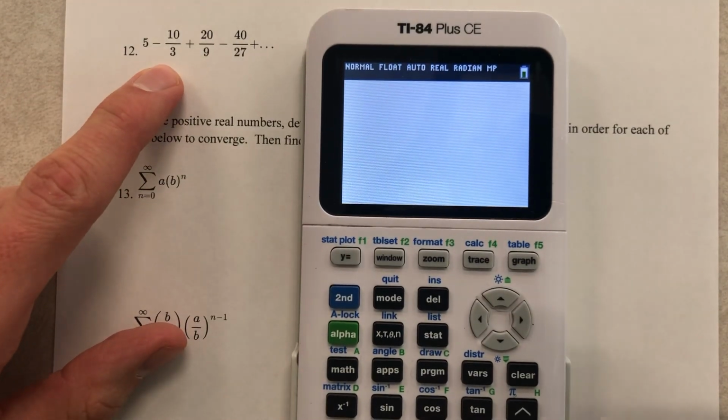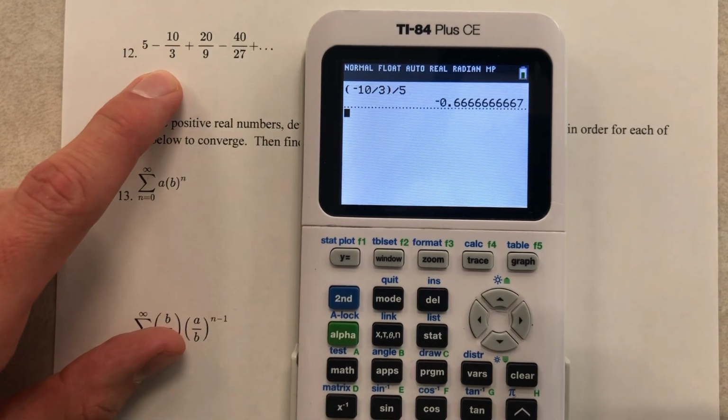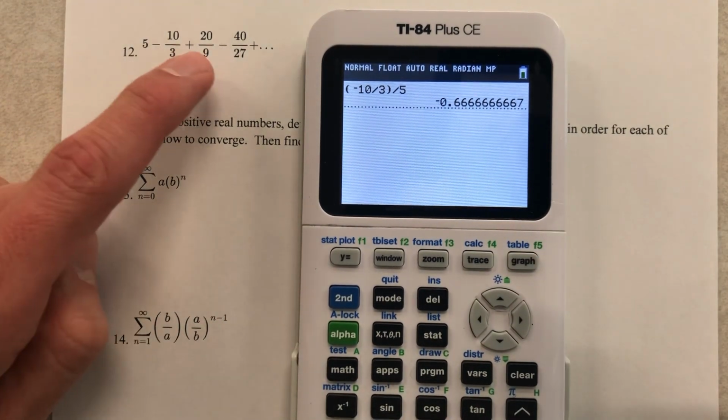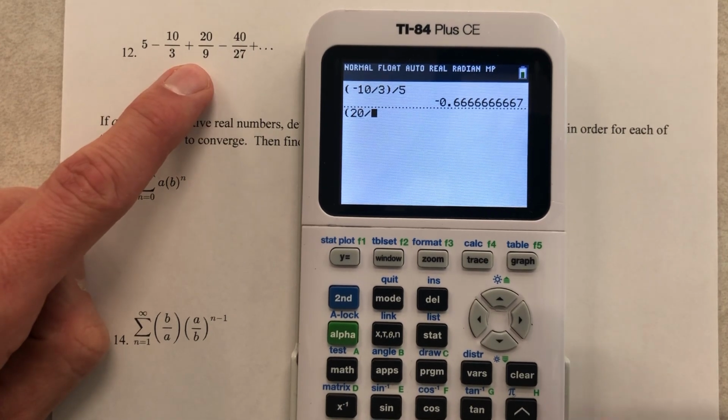If I divided -10/3 by 5, I'd get that. That's -2/3, right? -2/3. Perhaps if I do this divided by that, I'd get the same thing. And this one is totally, we're in calculus, right?